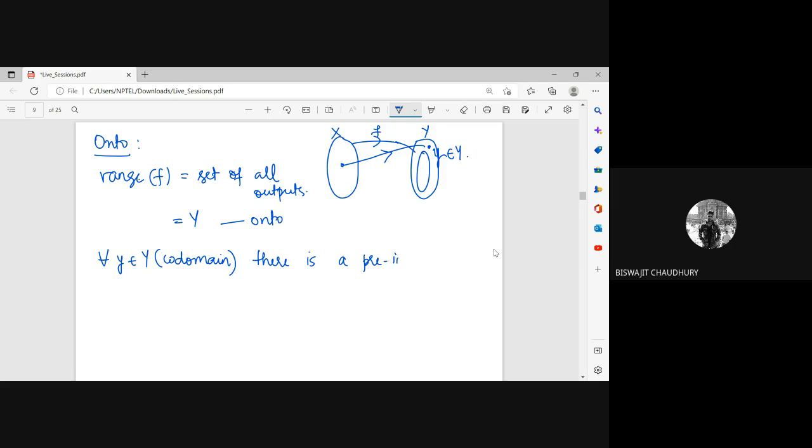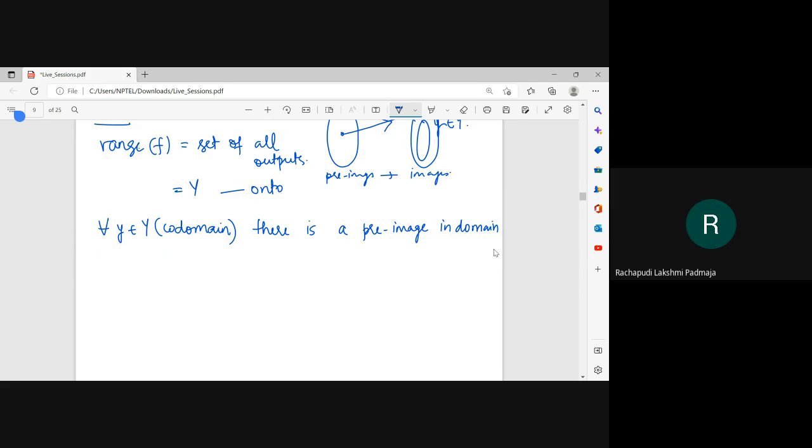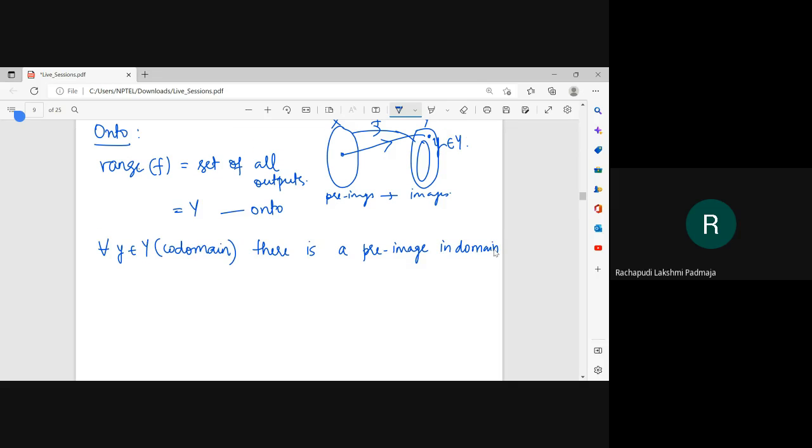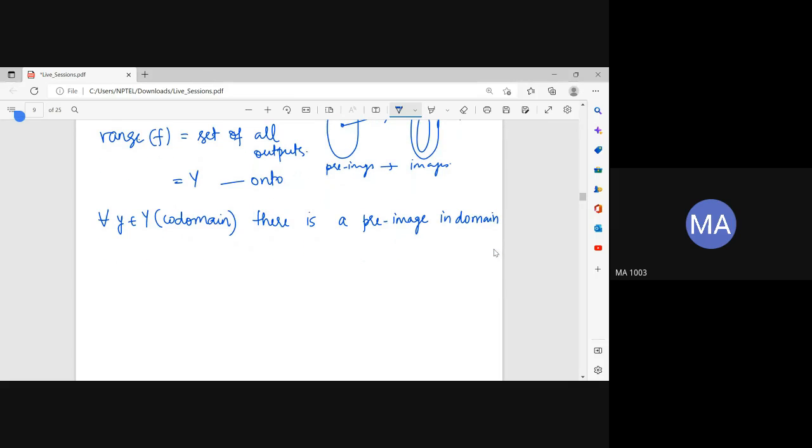In the domain or the codomain? The pre-image will be in the domain. These are the pre-images, and these are the images. It can have one or more pre-images, but it should have at least one pre-image. Okay, I'll mention that: there is at least one pre-image.